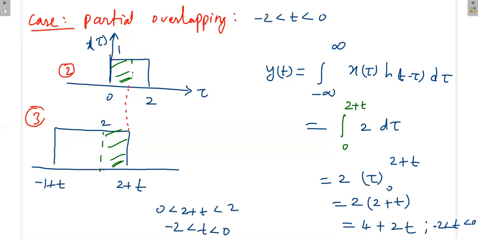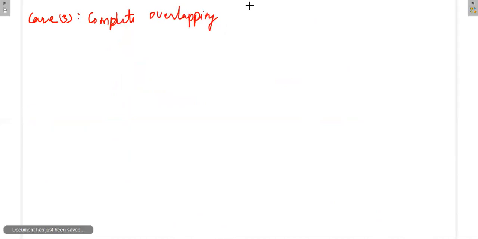Next, we'll get the full overlapping, complete overlapping. Case 3, complete overlapping.